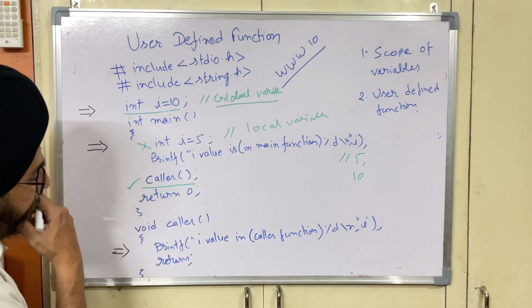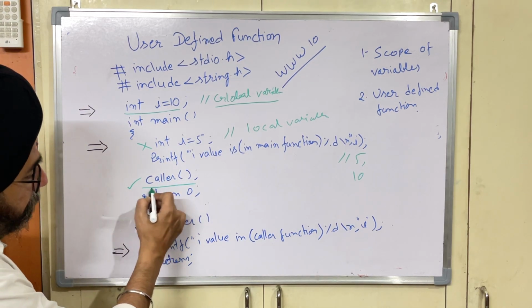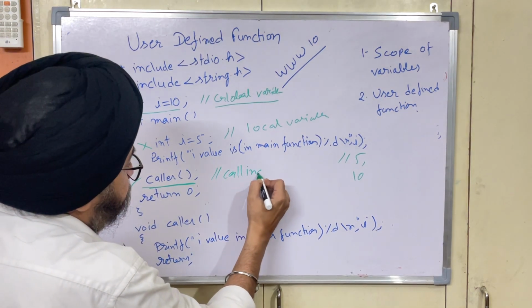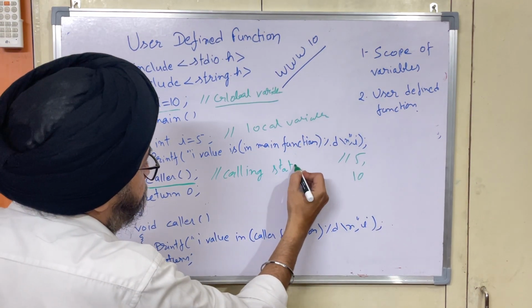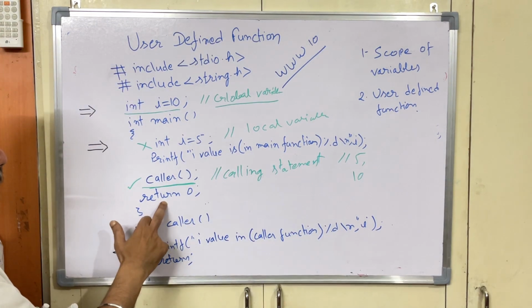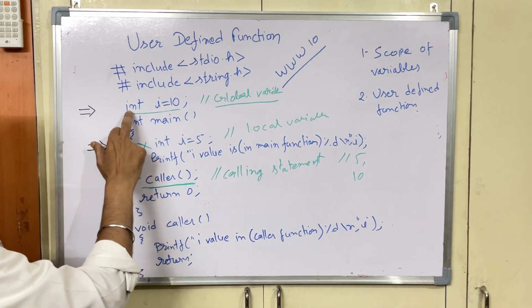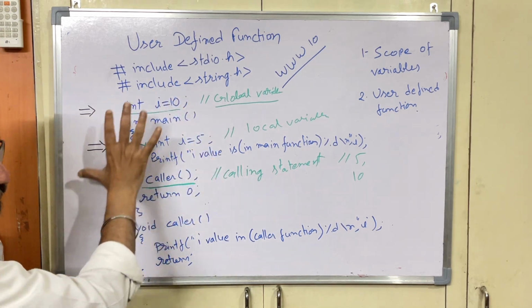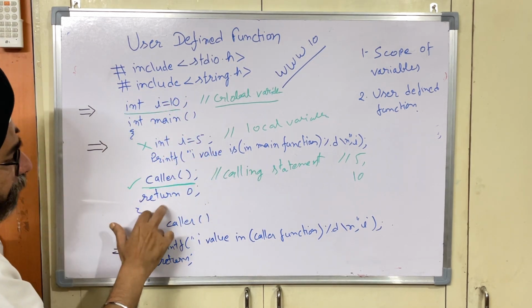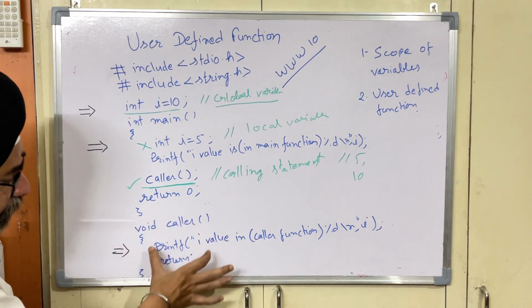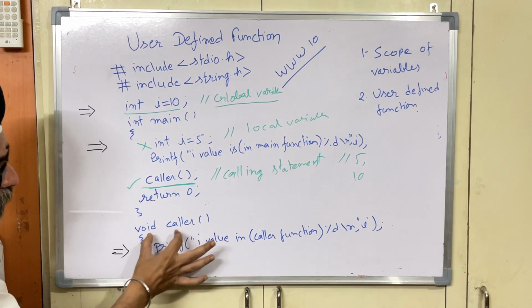Here you can see that I'm using the calling statement. This is the calling statement. return 0 means the return value is 0, because I defined it using int main. Main is also a function. That is why we have a return statement here. Here is the body of the caller function. void caller.